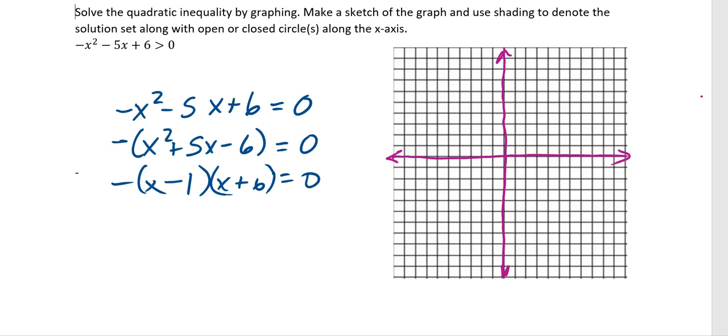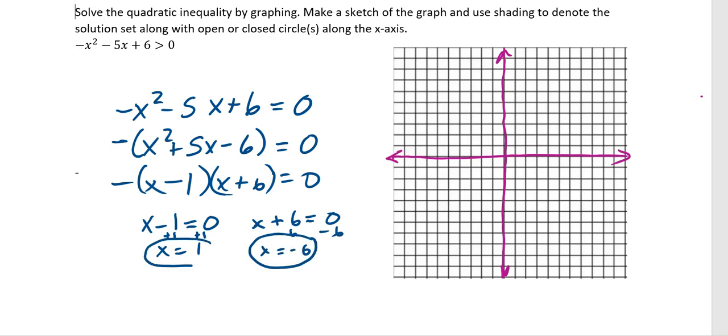And then I'll set each factor equal to 0 and solve. And I get 2 zeros at 1 and -6.